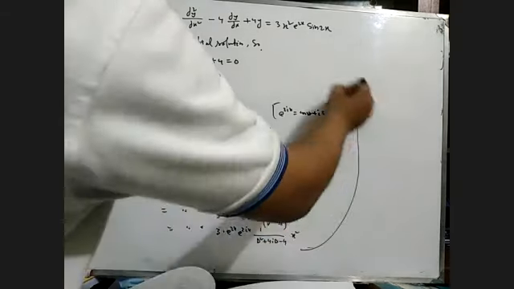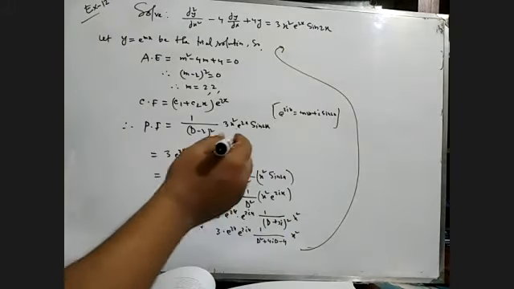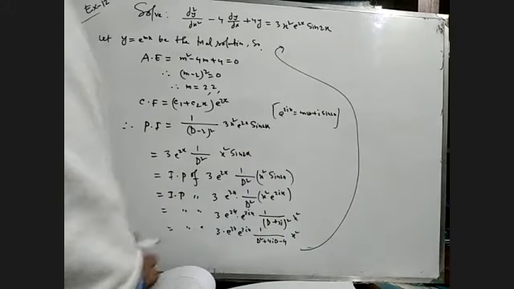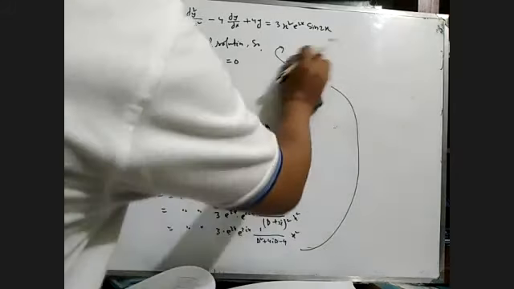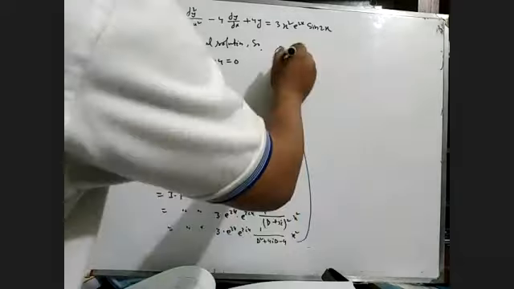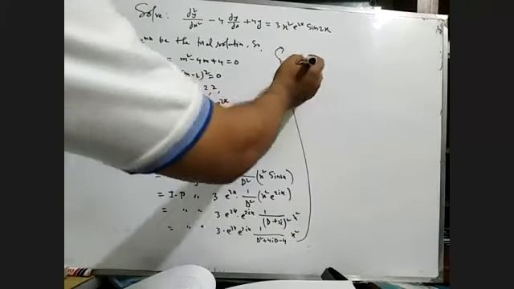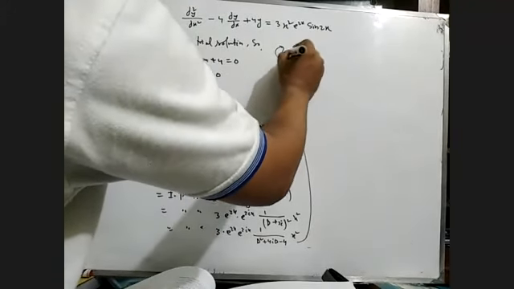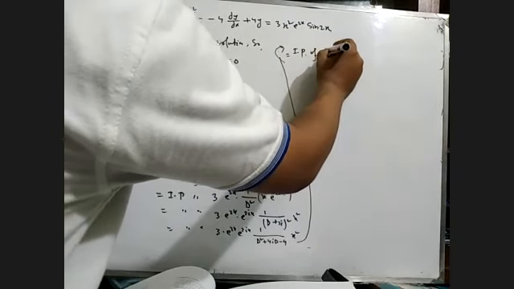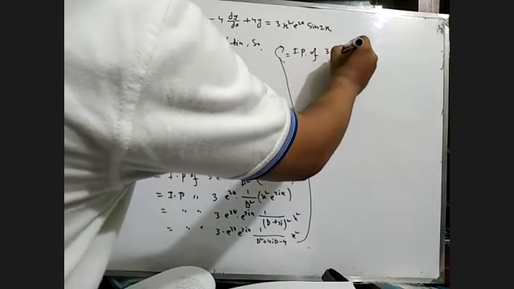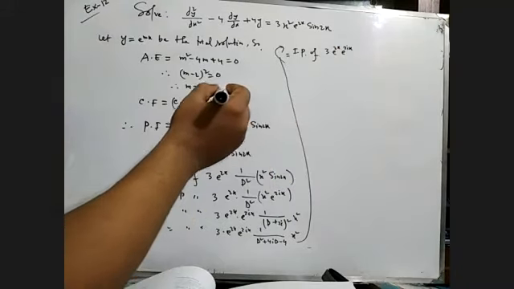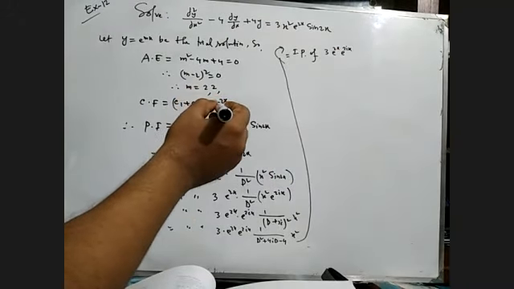Now, after this line, you can write the imaginary part of 3 into e to the power twice x plus twice ix, power twice ix.